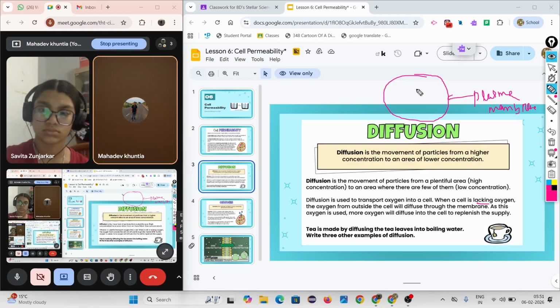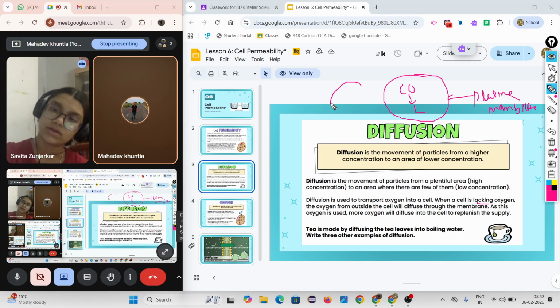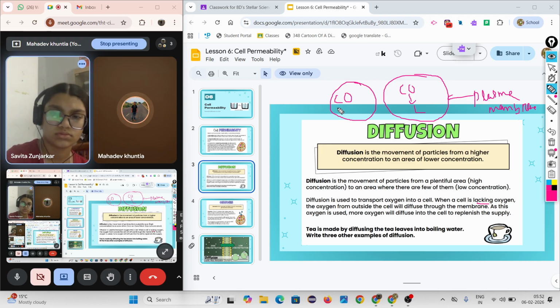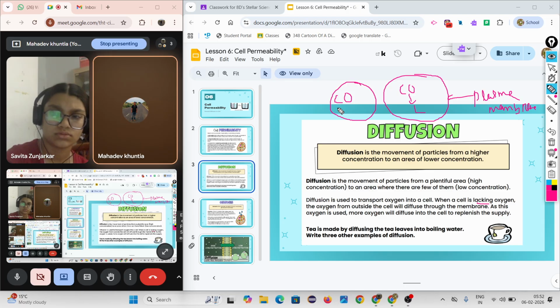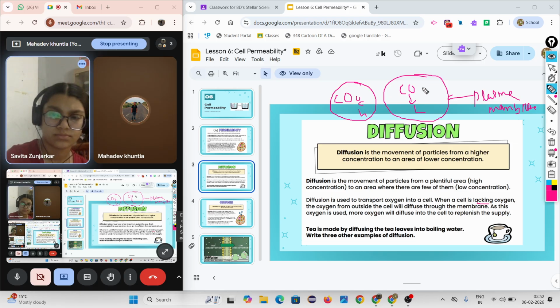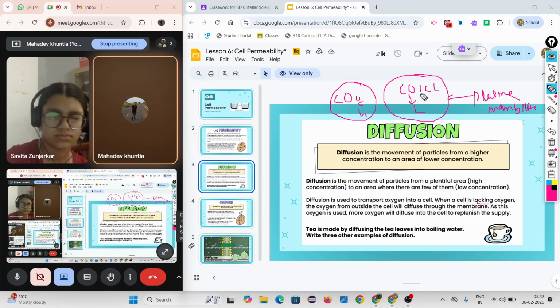Suppose inside the cell the concentration of oxygen is low, because it uses the oxygen continuously. In the outside environment, the concentration of oxygen is high, generally in air oxygen is available. So the concentration of oxygen outside the cell is high, and inside the cell it is low. So what happened?